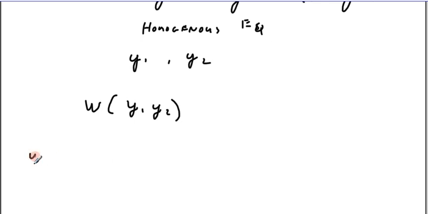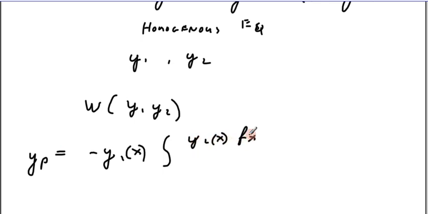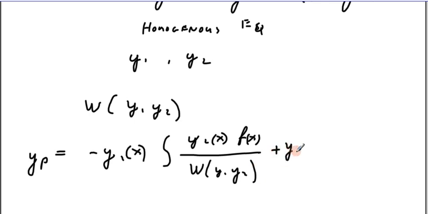And then you're going to say y sub p is equal to minus y1 of x, the integral of y2 of x times the forcing function divided by the Wronskian of y1, y2, plus y2 of x integral y1 of x times the forcing function divided by the Wronskian.